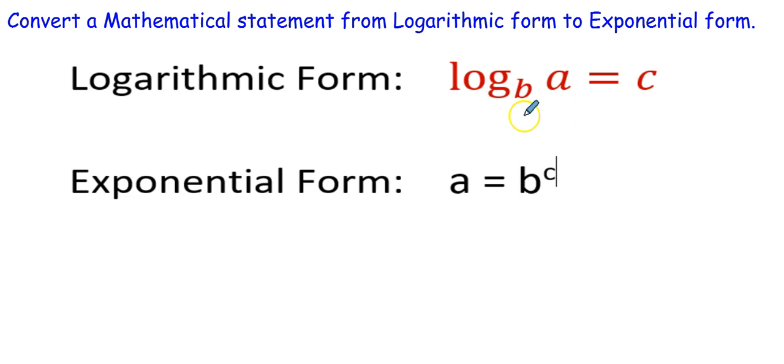That's how we can change from logarithmic form to exponential form. b to the power of this exponent c is equal to that remaining number a. So a is equal to b to the power of c. Either way it is the same.